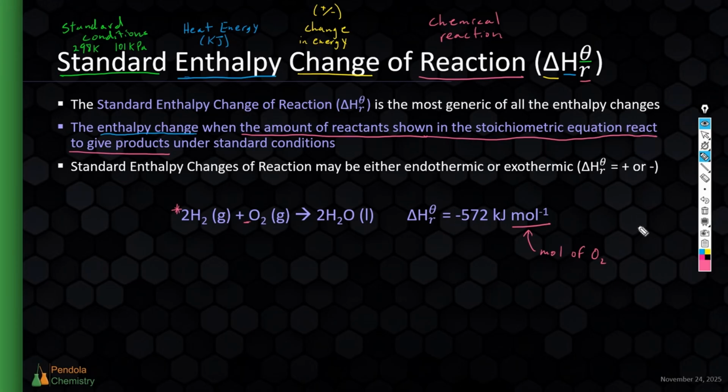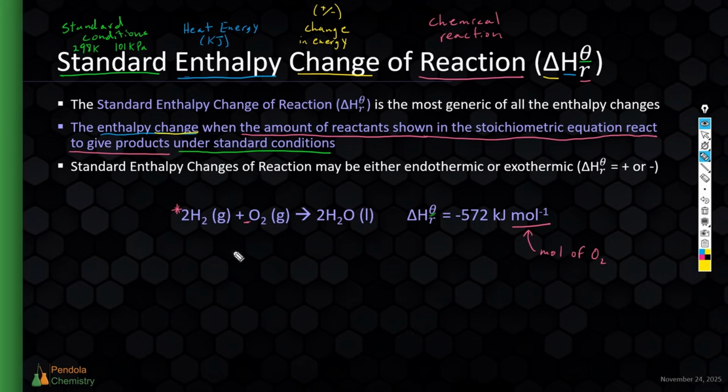And then finally, we have under standard conditions. We have to have this because of that symbol. If we didn't have this symbol, if it was just enthalpy change of reaction, then we would not include that under standard conditions section. I should probably change that to yellow here, just because that is part of a different color now.